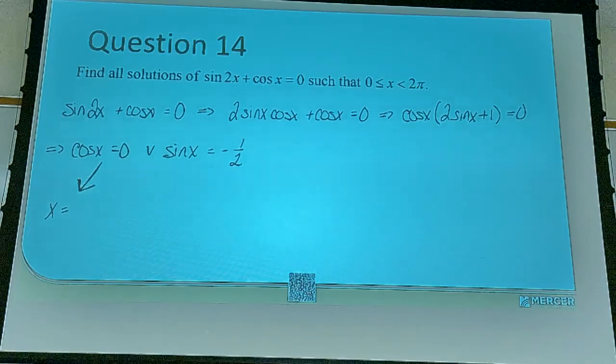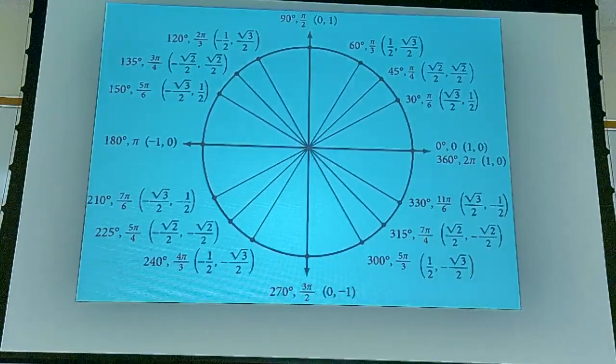Where does cosine of x equal 0? And where else? 3 pi over 2.